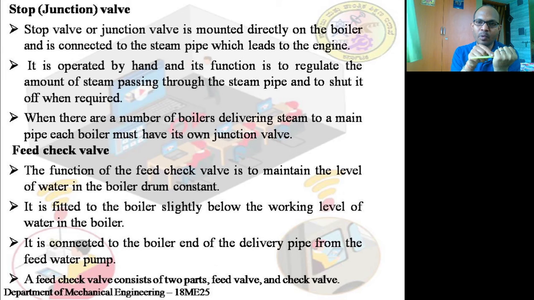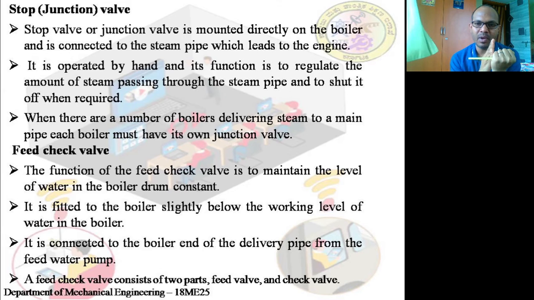So the feed valve will open, and the water source, whichever it is connected to, will pump the water into the drum. Once it reaches the required level, it automatically switches to the check valve. Check valve means it restricts or stops, it closes the movement of the water. So that is what we call a check valve.